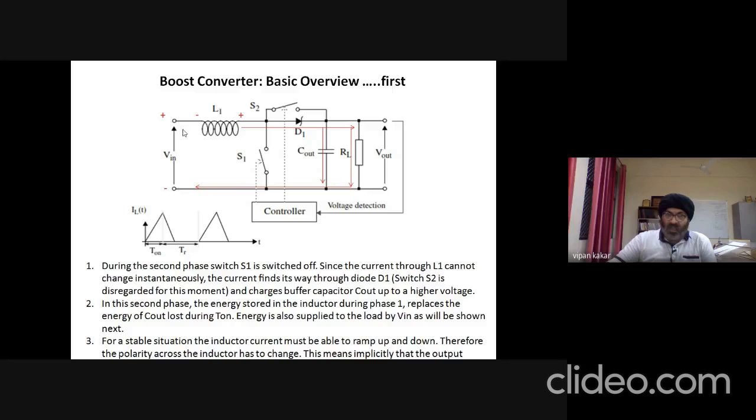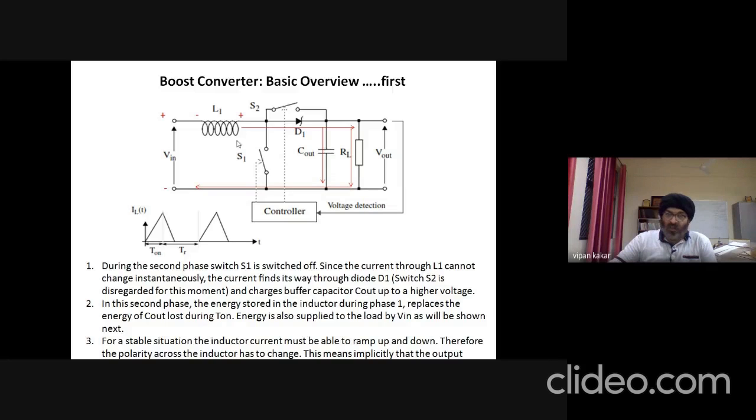And also the energy stored in this inductor is now replaced by the energy stored in this buffer capacitor because of the charging of the capacitor.